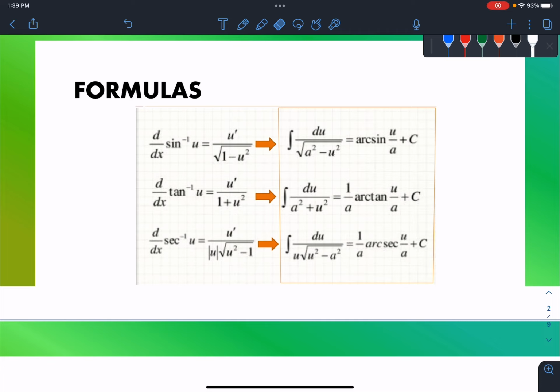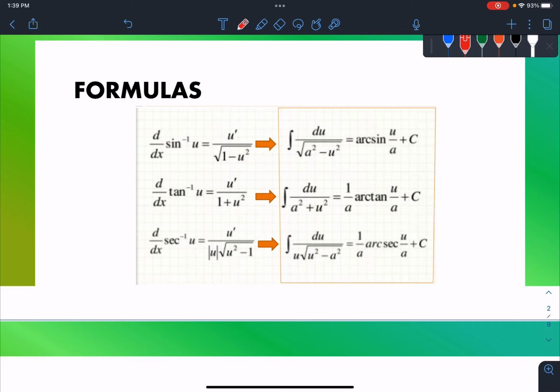So if we have an integrand such as du all over the square root of a squared minus u squared, which resembles the format for the inverse sine, its integral will be arc sine of u over a.